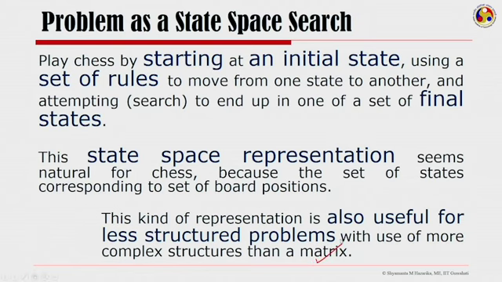I would like to emphasize here that for the 8 puzzle, the matrix representation came obviously to mind because we were talking of a 3 cross 3 arrangement of tiles. For chess, an 8 cross 8 matrix immediately comes to mind.